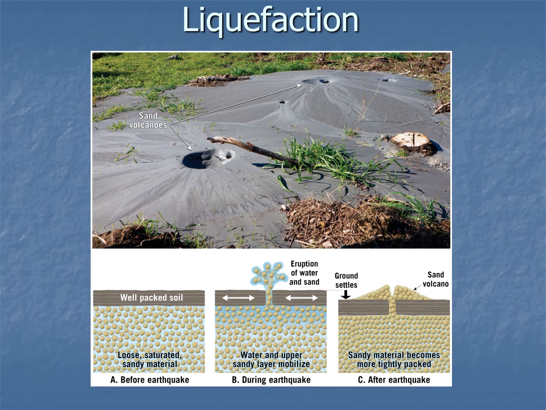And then you shake this material, and you end up with this material below the soil being under pressure, and it's basically going to punch through or kind of erupt through the soil and deposit these things that look like little volcanoes, and those are sand blows.